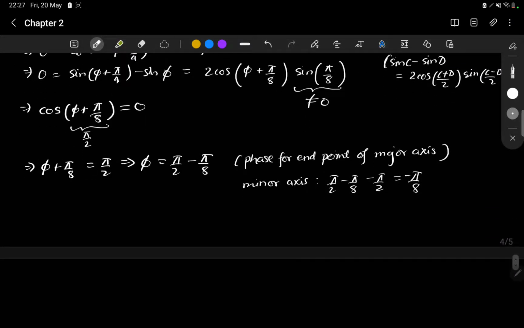Now let us find out the ratio of the lengths by these endpoints for major and minor axes.